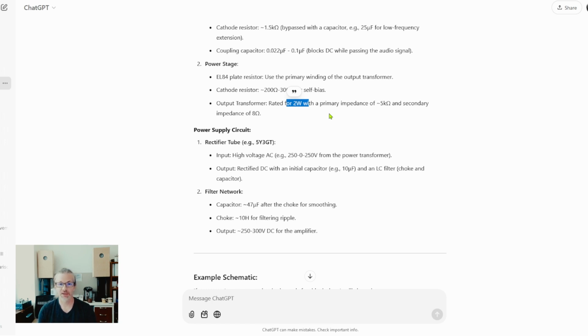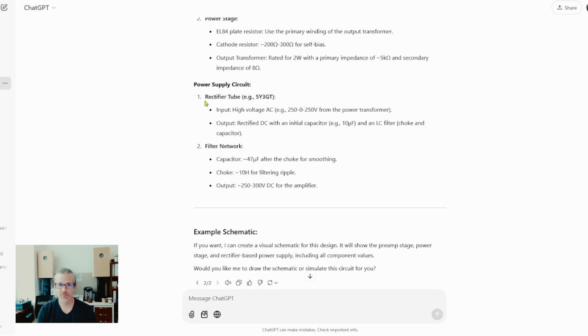So that's something that you would know when you are an experienced builder, and even though AI has access to all kinds of lore out there, it does not provide that information for us. It just picked something. Power supply circuit rectifier, for example 5Y3GT, and input high voltage, example 250-0-250 from the power transformer.